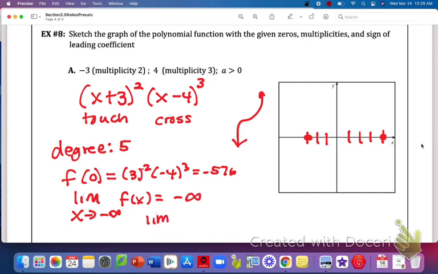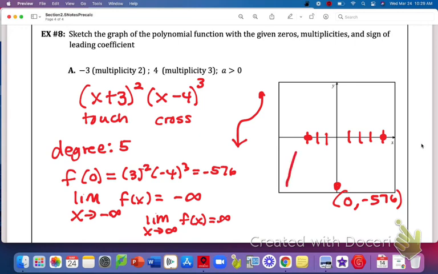And the limit as x approaches positive infinity of our function, which we don't have a name for, so we'll stick with f of x, is going to be equal to positive infinity. So I'm just going to put 0, negative 576 down here.